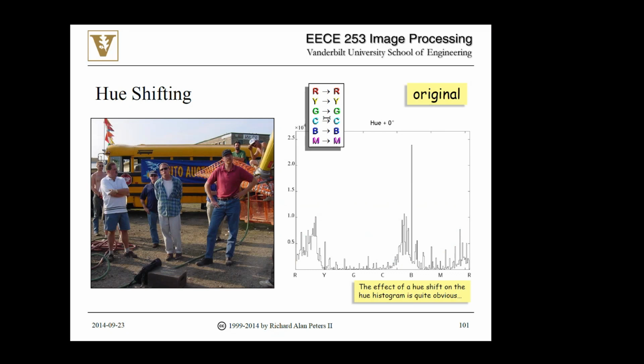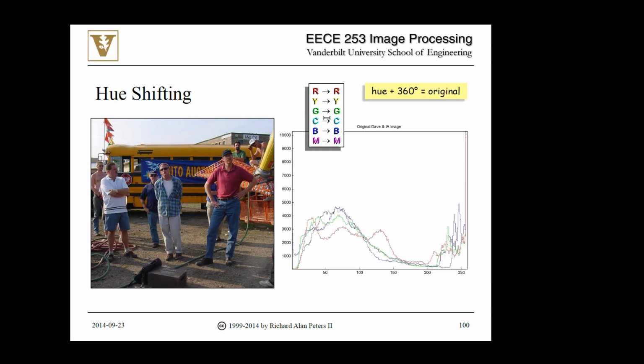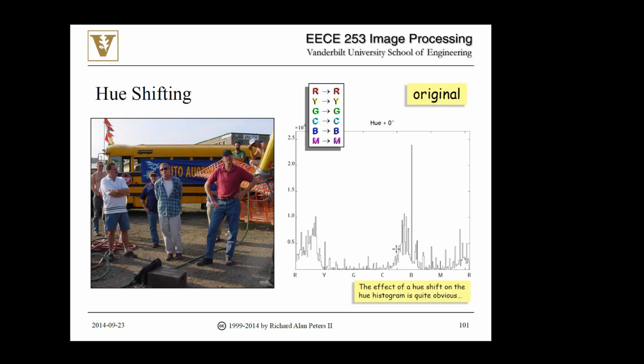So far we have been showing the histograms of the red, green, blue channels. But we can also do this representation. We will make a histogram traveling around the hue. So this is the hue: you start at 0 degrees, 60 degrees, 120 degrees, and so on.